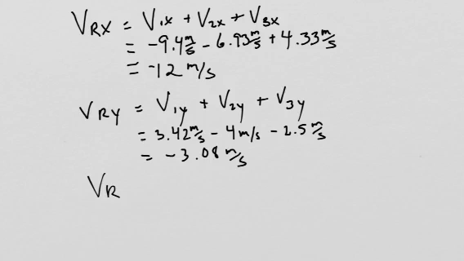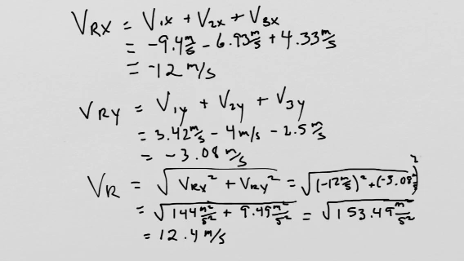The magnitude of the resultant vector is equal to the square root of the resultant x squared plus the resultant y squared. Take a few moments, work this out. Do not forget your units. You'll notice how I've been writing meters per second throughout the entire problem. This is worth marks, easy marks. Units are important.